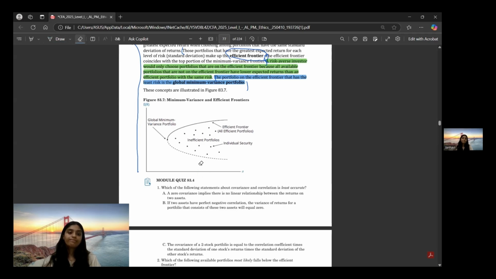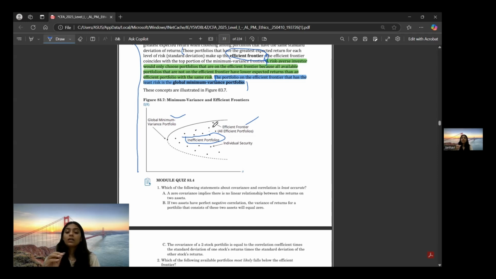So we know what the efficient frontier is and what the global minimum variance portfolio is. Now, what are inefficient portfolios? These small dots that you see are various portfolios that are not on the efficient frontier.